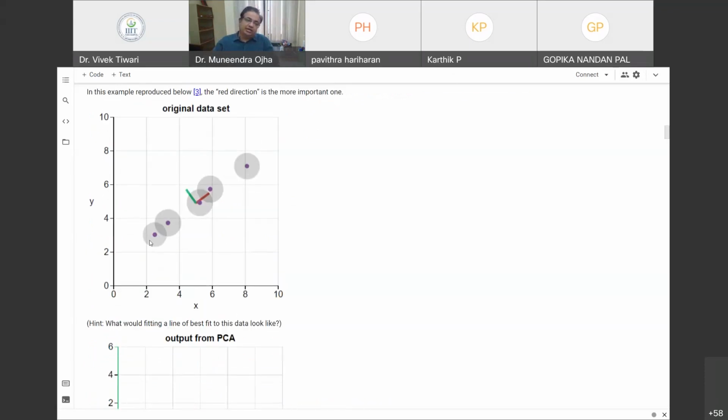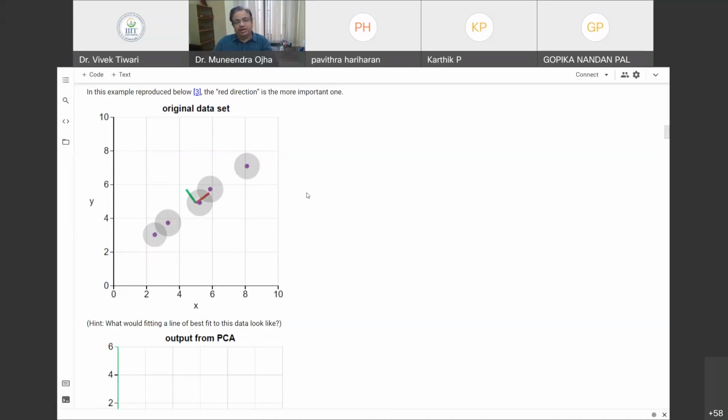You see, earlier it was like a slant. In the original dimensional space, this data can be drawn in this direction.